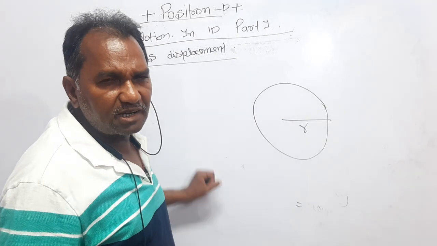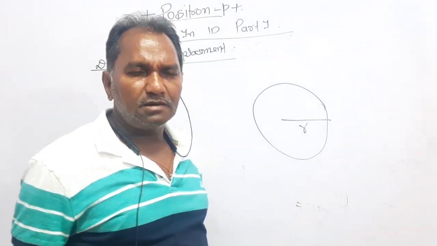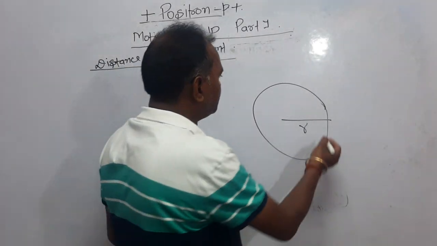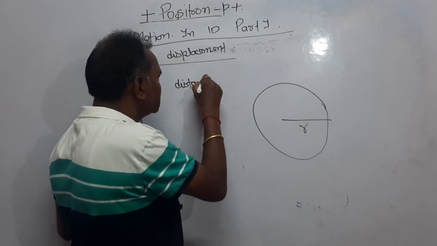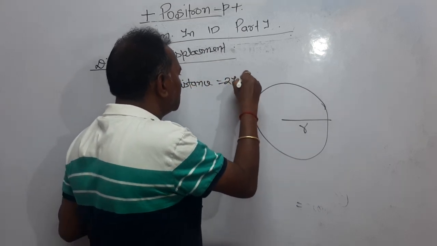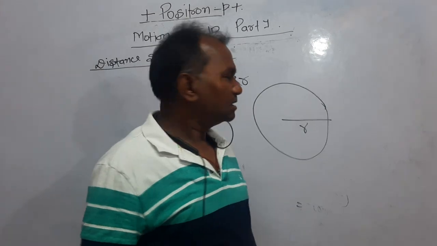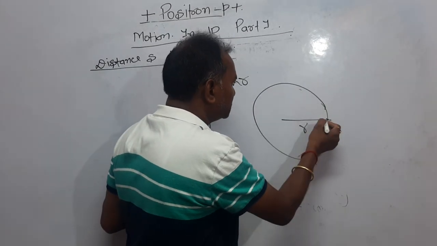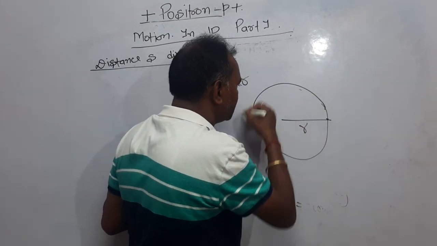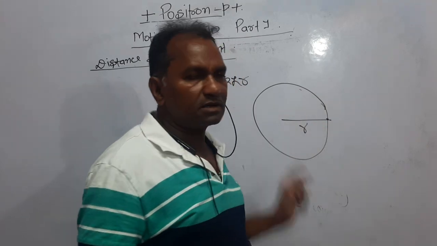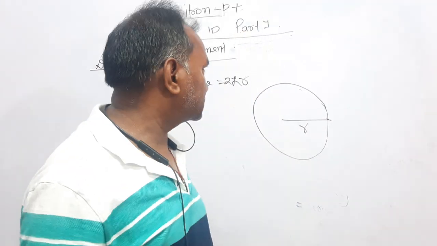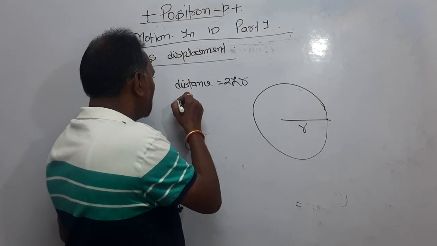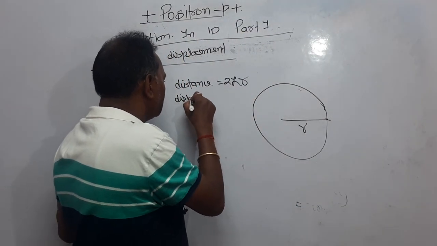Now, the distance covered in one complete cycle will be 2 pi r. In one complete cycle, it will begin from here and come back to here. So it will make one round, and that is the perimeter of the circle, that is 2 pi r. And displacement will be what?